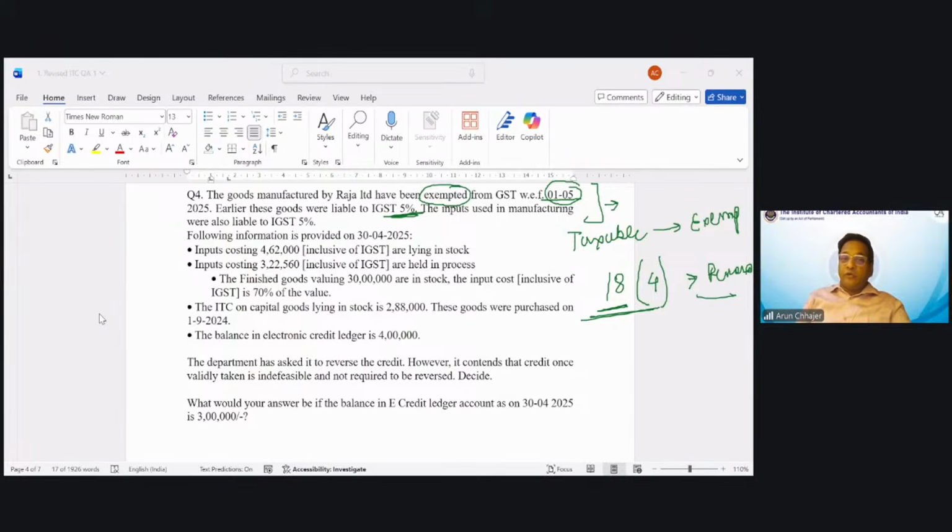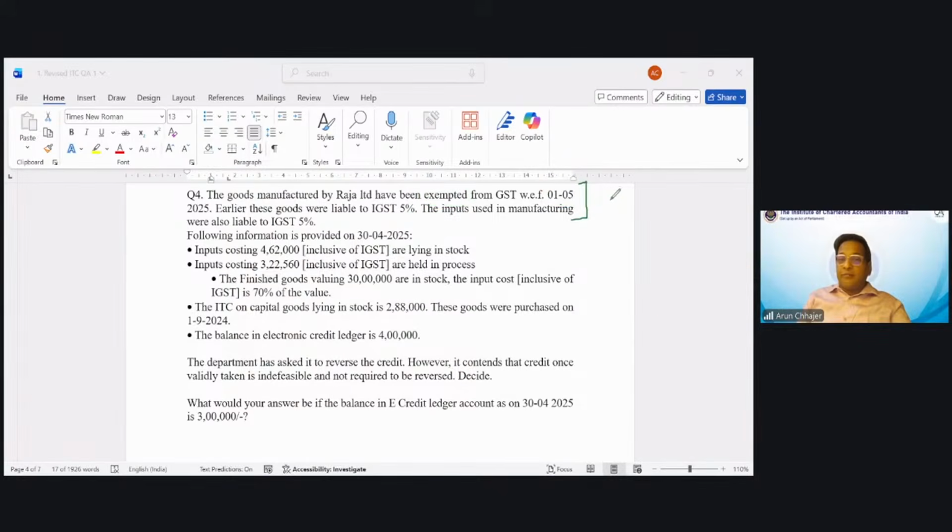Now, what I have told you, the first part is important. The theme of the question is that because the taxable item became exempted, whatever ITC is lying in the credit ledger, I need to reverse.